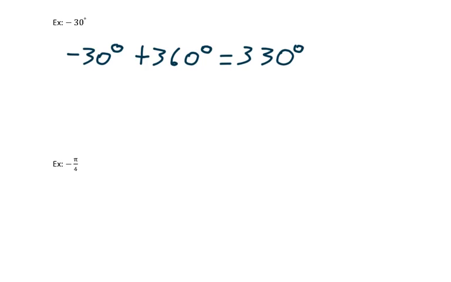This is good because 330 degrees is coterminal with negative 30 degrees, because you could take one angle and add 360 degrees, which is an integer multiple of 360 degrees. We just have 1 times it, and we get this angle, 330 degrees. Okay, so let's draw 330 degrees.